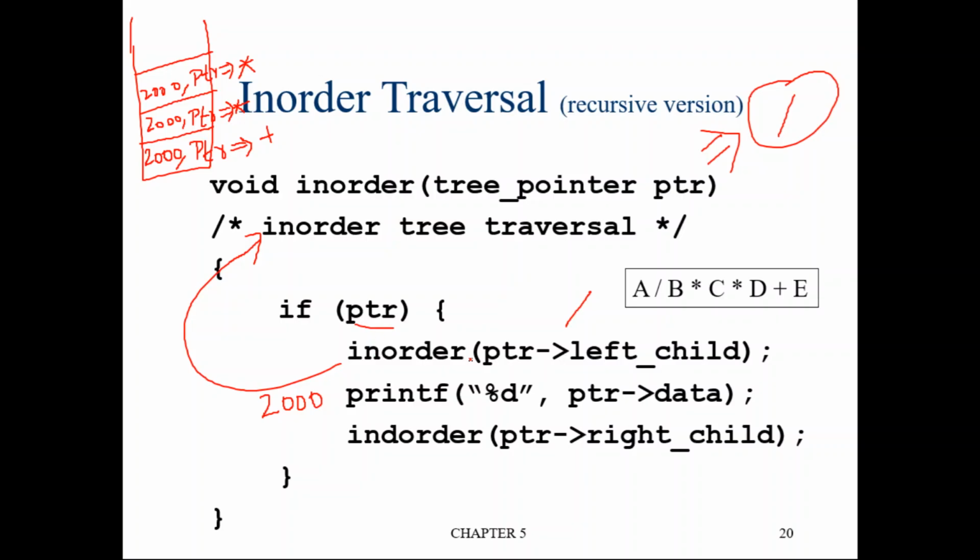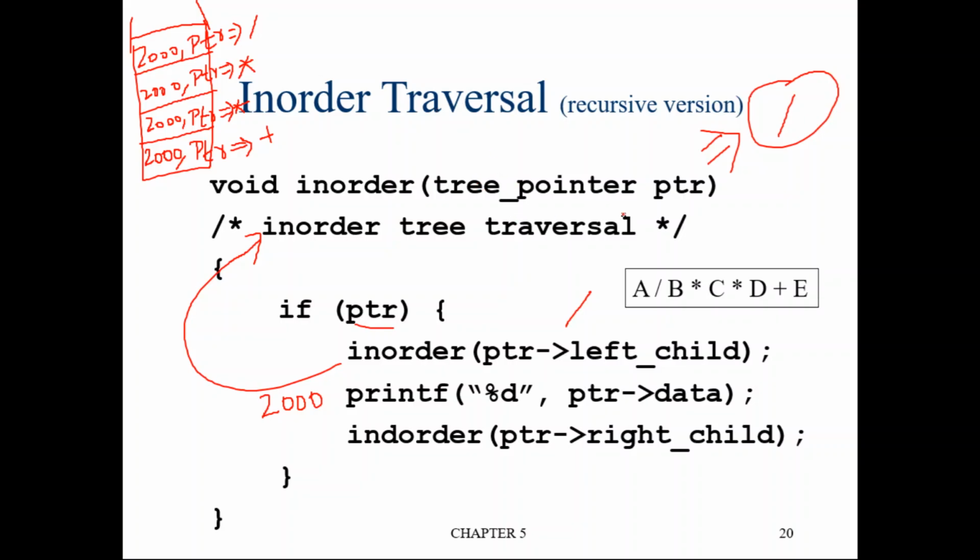Once again we want to call PTR arrow left child, but before calling, this should be pushed into the stack. So again push: the return address is 2000, and PTR is pointing to the node which contains slash.